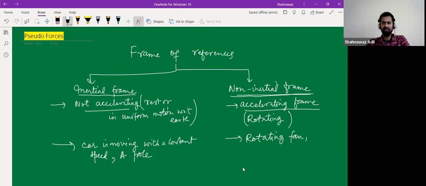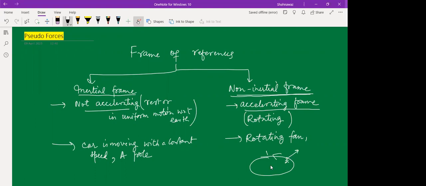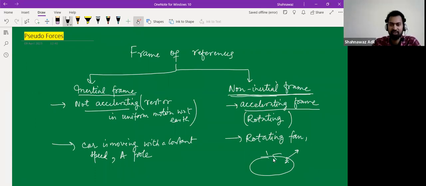Let's say you are sitting in this merry-go-round, my drawing is very bad, and this is moving. So you feel that you are pushed away like this. These are examples of non-inertial frames.